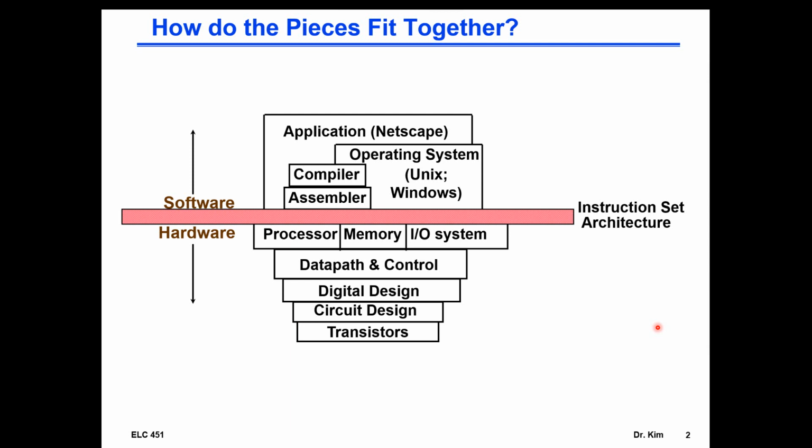So that's that interface. On top of that instruction set is the assembler, and the operating system also has to know about the processor because it's a facilitator. For example, the file system needs to know the width of the address bus, the memory, the address space, and things like that.